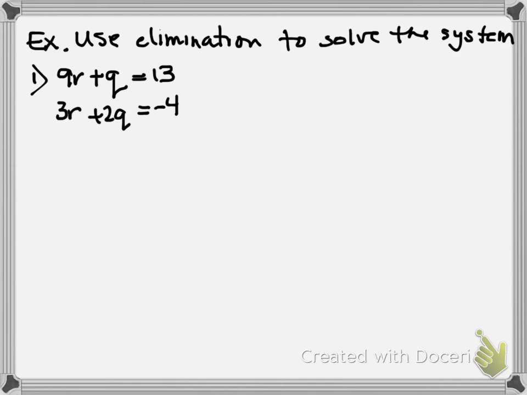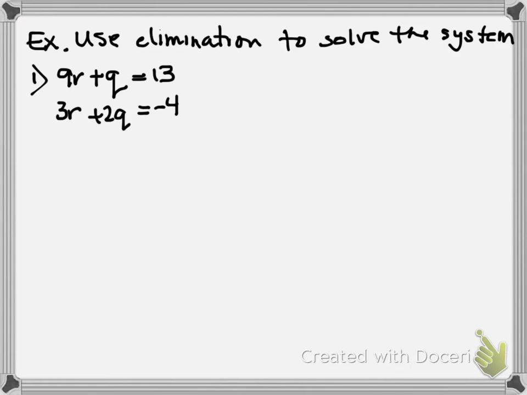All right, so do we have the ultimate best scenario that we have a match? So we don't have that. So we're going to have to figure out, so we actually have choice. Could I get my R's to match? I could. What would I do to make my R's match? Multiply the bottom by -3.